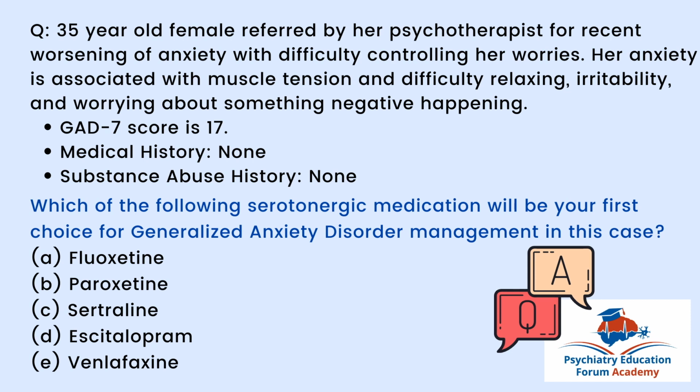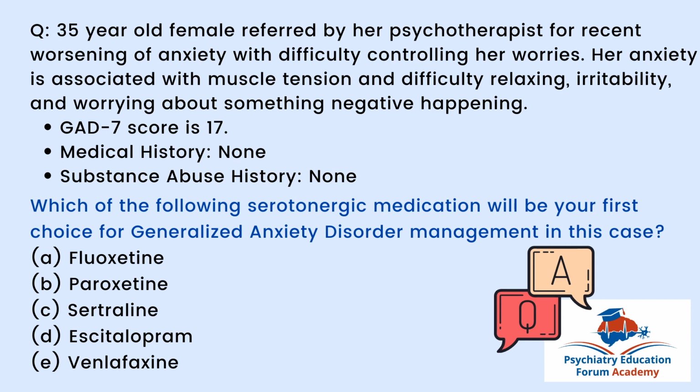But I'm not going there. If we have to choose one medication based on the published studies, which one will you choose here if you have only one option? Is it fluoxetine, paroxetine, sertraline, escitalopram, or venlafaxine?